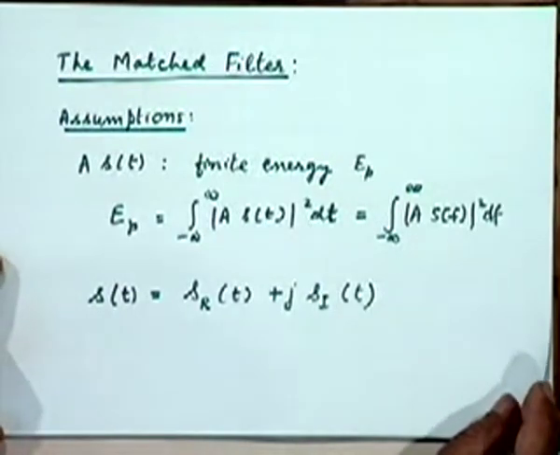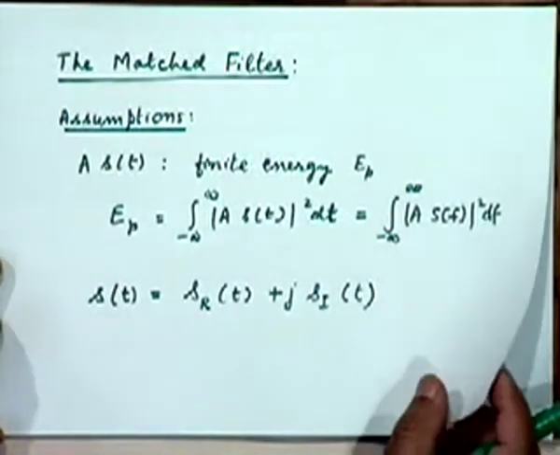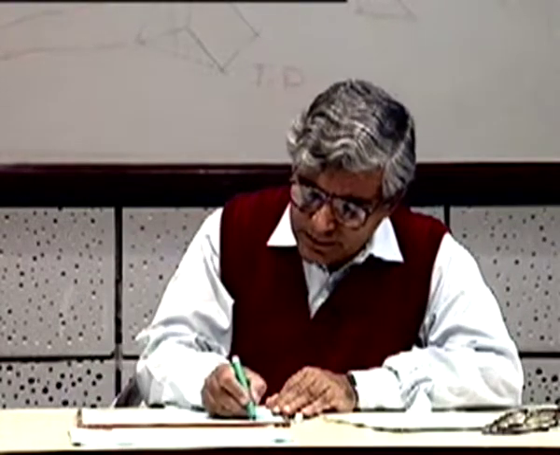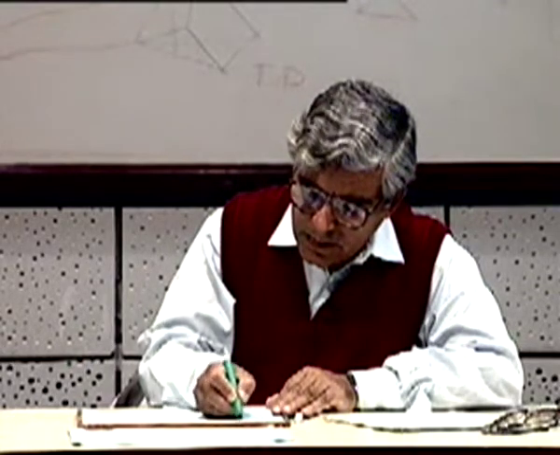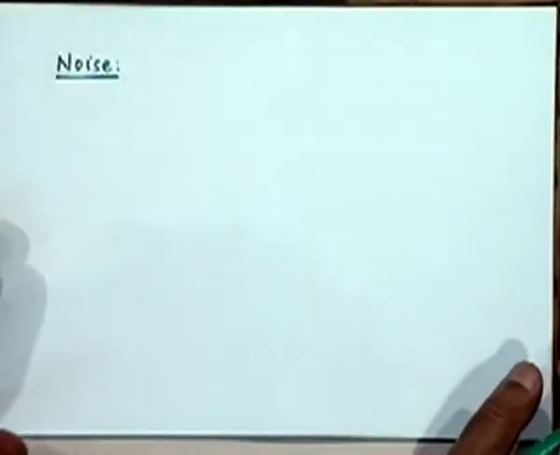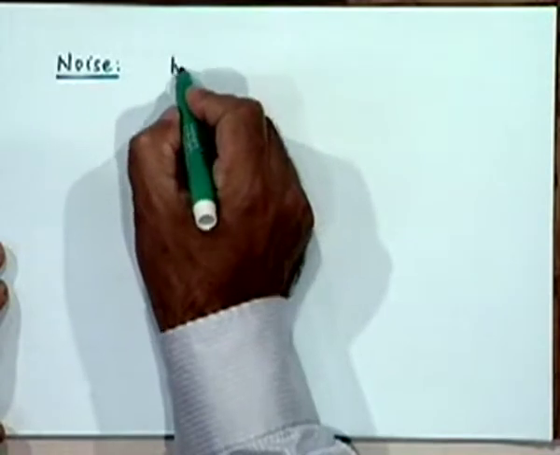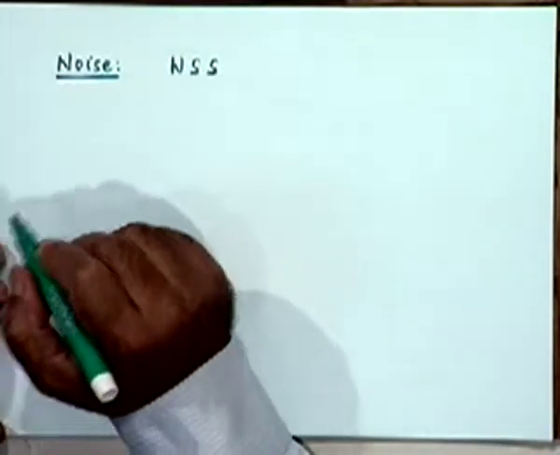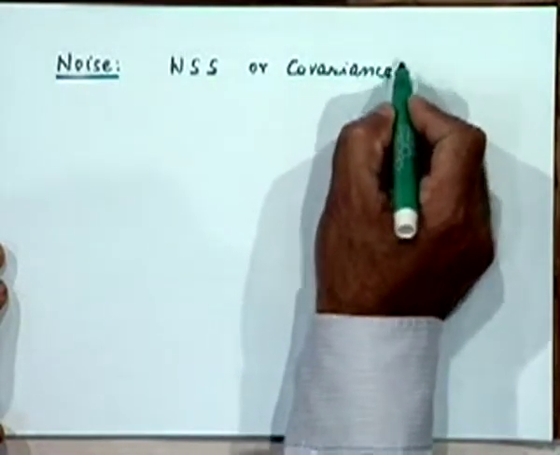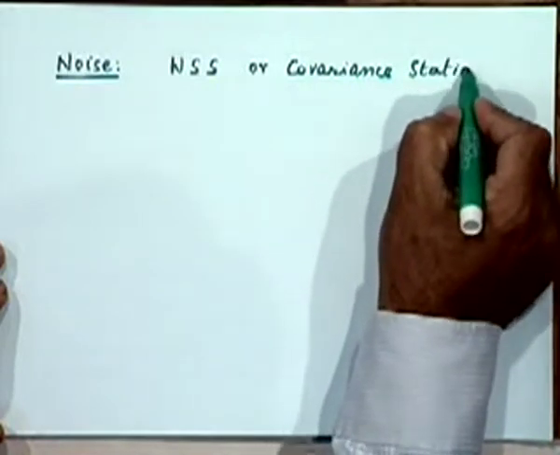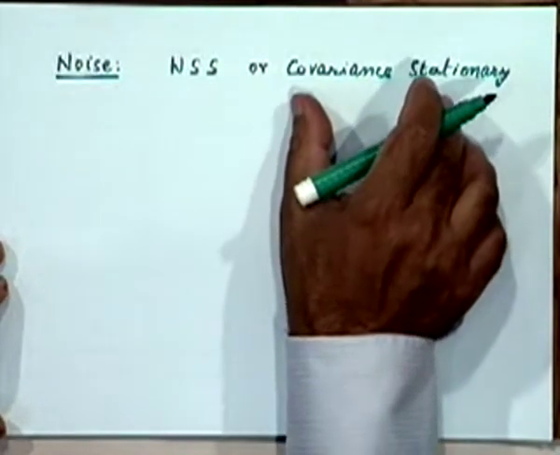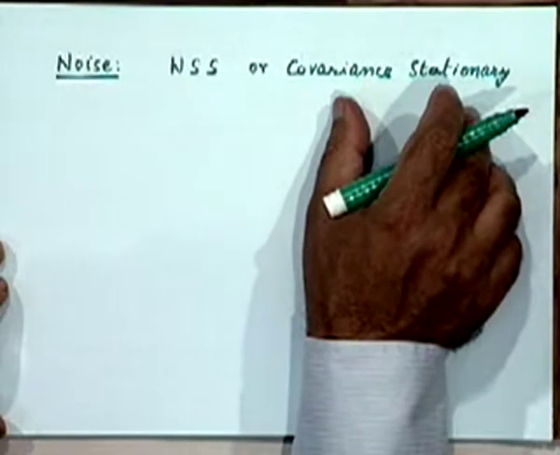Now this pulse, when received, is contaminated by noise. So let's talk about that noise. We'll assume that the noise is wide sense stationary or covariance stationary. You remember what that means? If you remember the definition of wide sense stationary, that's precisely the definition.